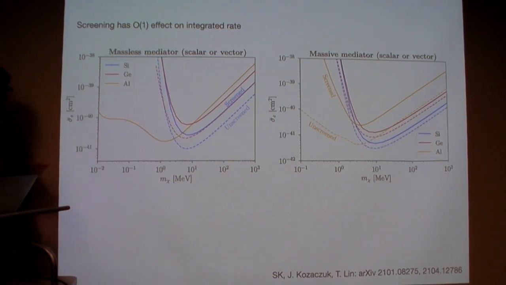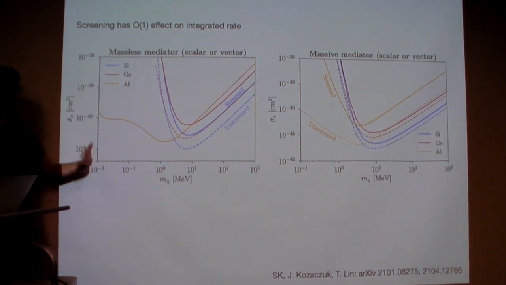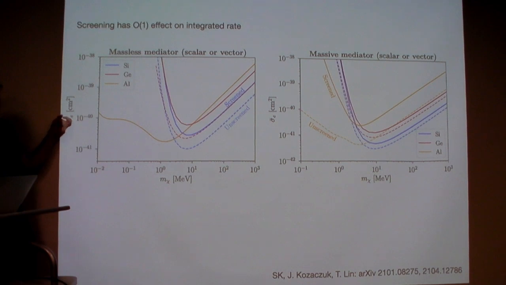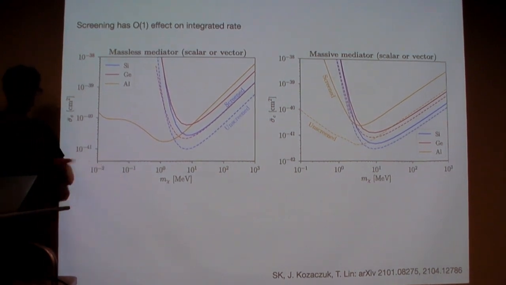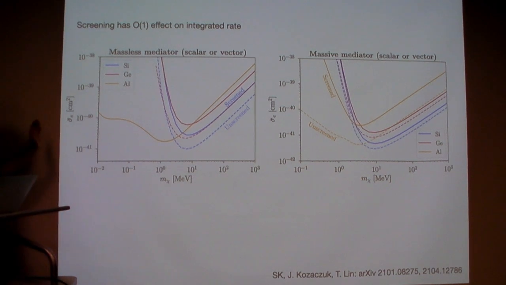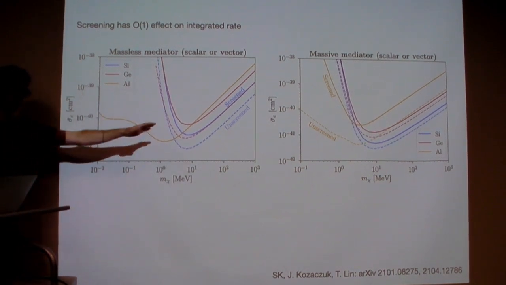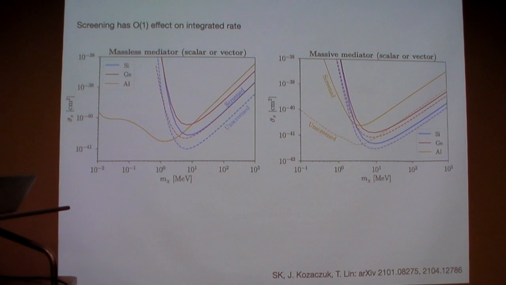Other than those two qualitative limits, it doesn't matter what the mass actually is. Of course, it affects what the actual cross section is, but in terms of kinematics, these are the two limiting cases, and we can interpolate between them.